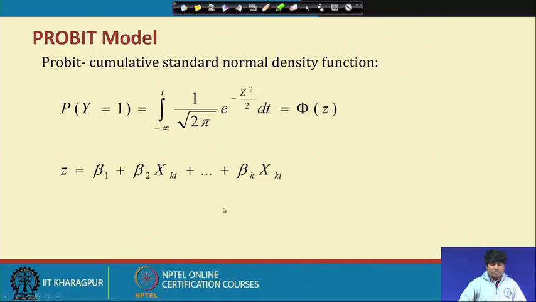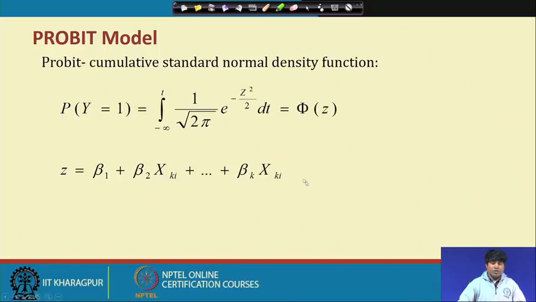The only thing is that on the left hand side the information is transformed into a different structure: one is simply the 0-1 structure, another is with respect to the odds ratio, and the third is with respect to the Z transformation. After that the estimation process is more or less the same.